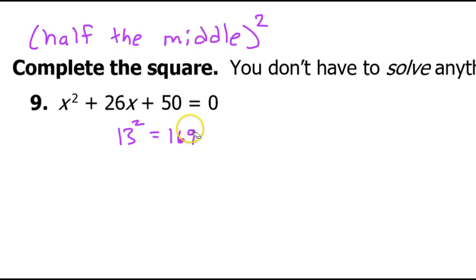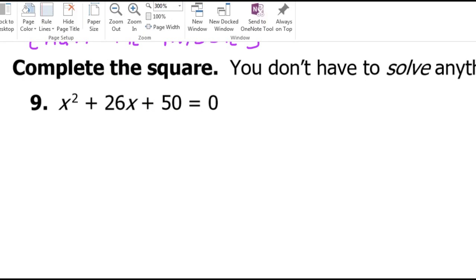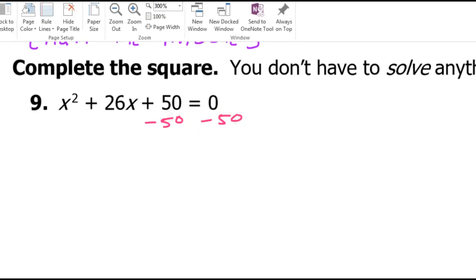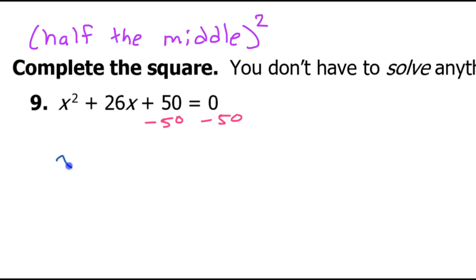So here's what we have to do to complete the square. The first thing I want you to do is move this number out of the way by subtracting 50 from both sides. So minus 50 minus 50. Okay, that's going to leave us with x squared plus 26x.